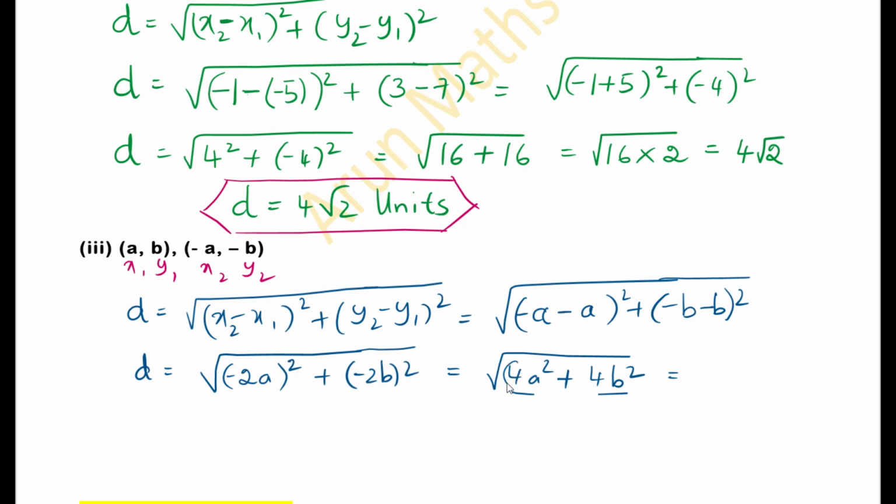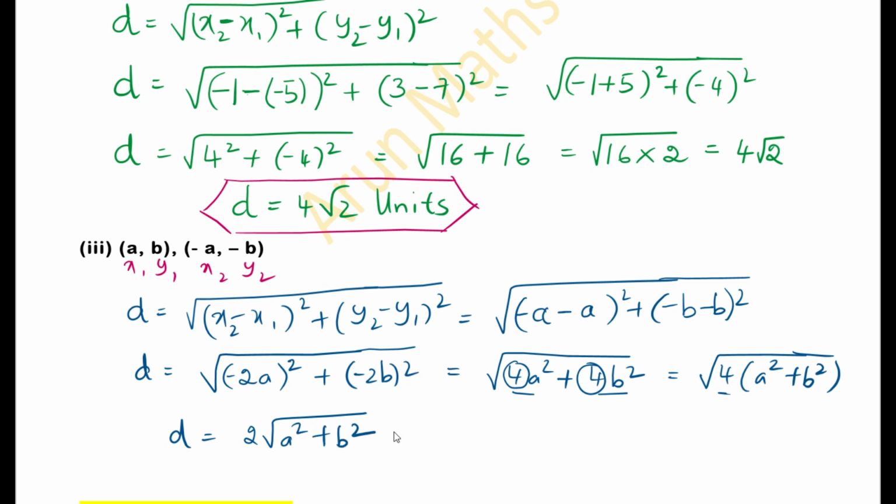The common factor is 4. Now take 4 as common, that is square root of 4 into a square plus b square. Now what is square root of 4? Square root of 4 is 2. And what is the remaining term? That is a square plus b square as it is. Now the distance between the 2 points is 2 root of a square plus b square units.